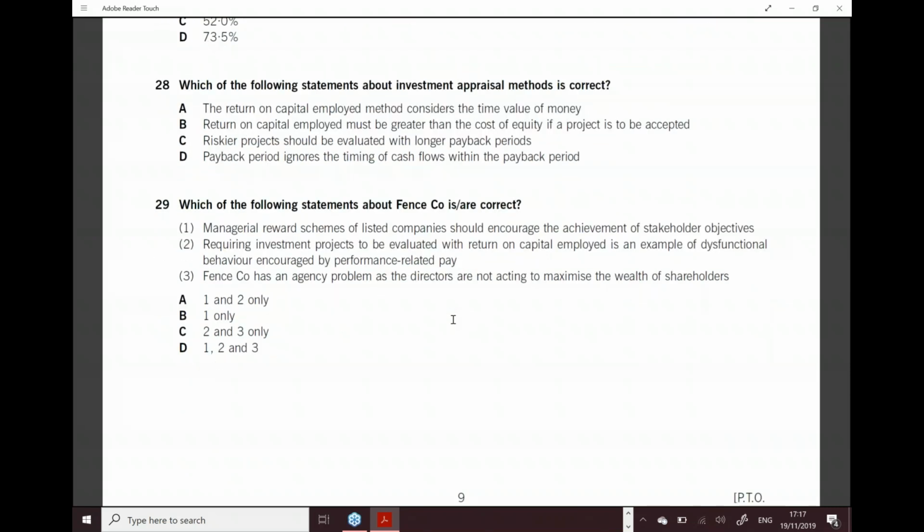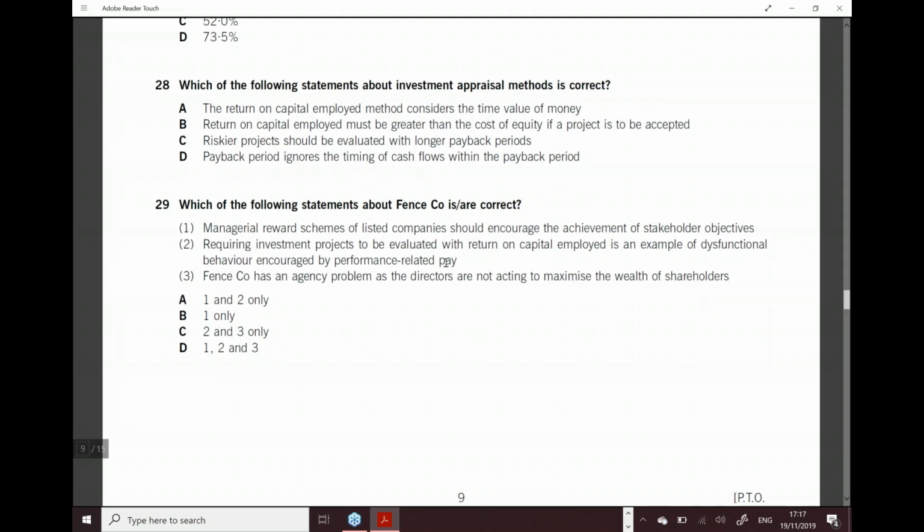Which of the following statements about French companies are correct? Manager rewards schemes of listed companies should encourage the achievement of stakeholder objectives. Yes, that's good governance. Requiring investment projects to be evaluated with return on capital employed is an example of dysfunctional behavior encouraged by performance related pay.